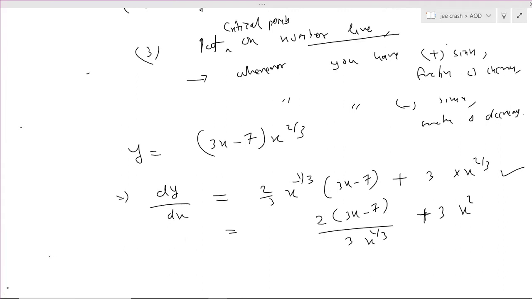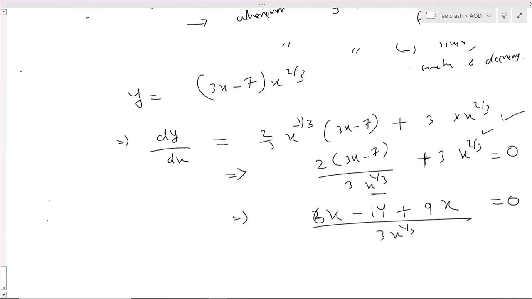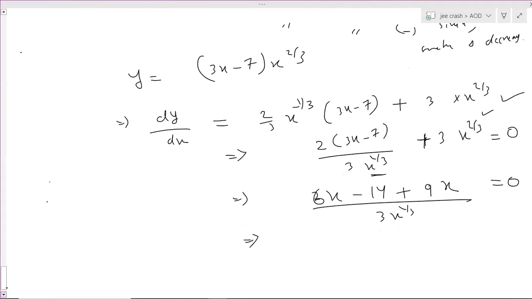Now we have to put it 0. So let's take LCM. This is 6x minus 14 plus 9 times x, right? X to the power 1 by 3 plus 2 by 3 whole divided by 3x to the power 1 by 3 equals to 0. All right.